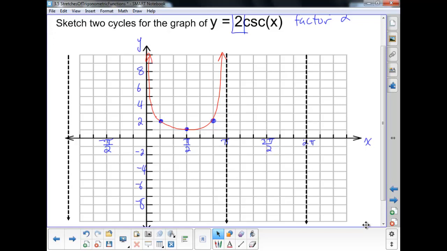Okay. So if I went to the next interval, which is between pi and 2 pi, now what I would have to realize is, well, on that interval, since the graph of sine of x is actually underneath the x-axis between pi and 2 pi, so would the reciprocal. So as it turns out, I'm going to have a point at negative 1 where I'm at 3 pi over 2.